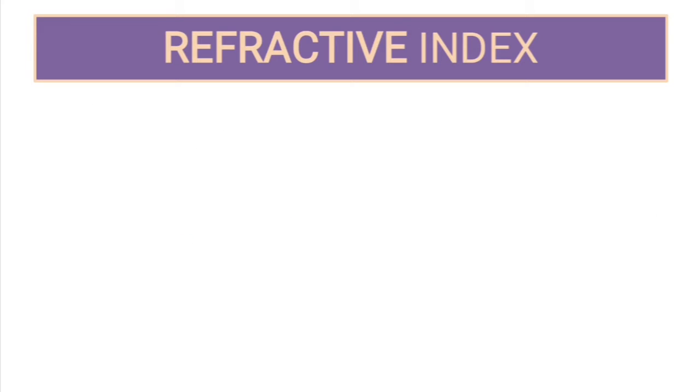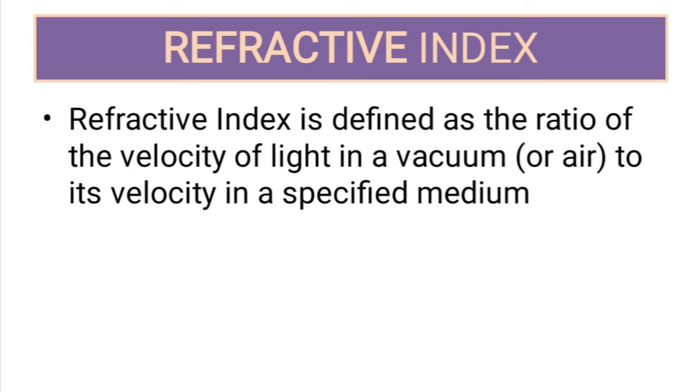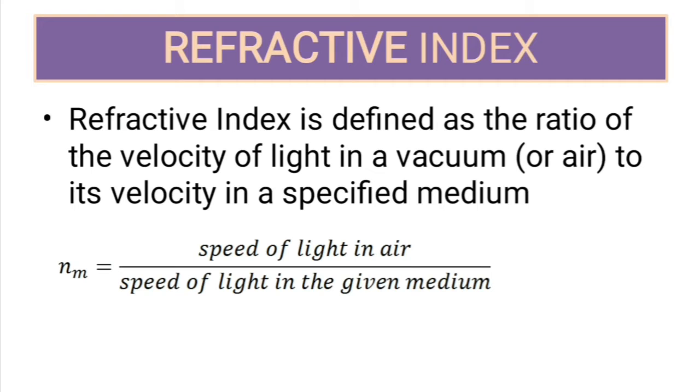Well, with this we come to another topic, refractive index. We arrive at this particular topic because it is related to Snell's law only. Refractive index is defined as the ratio of velocity of light in vacuum to velocity of light in the specified medium. So if c is the velocity of light in air and v is the velocity of light in the specified medium, then refractive index n_m is equal to c upon v.